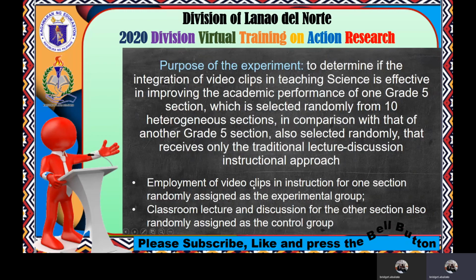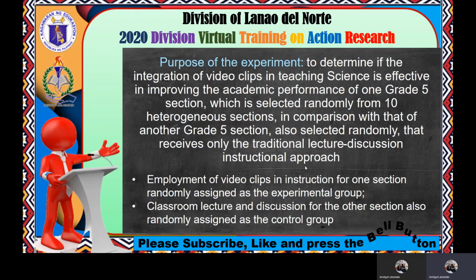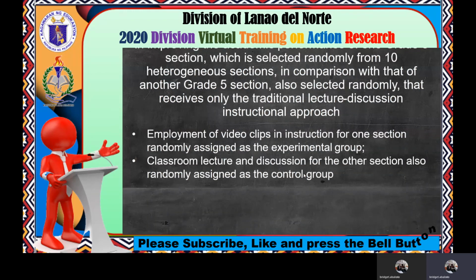Also, as to what section is going to be the control group and the experimental group, it is also randomly assigned. Therefore, in this research design, we need to employ the true experimental.